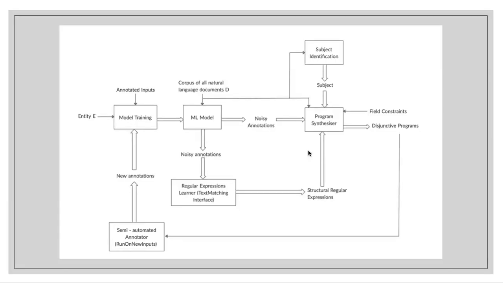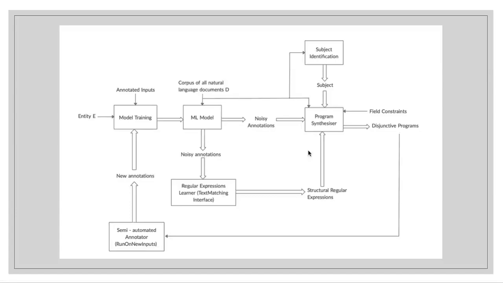Along with the outputs of the ML model, these regular expressions and the subject, there can also be certain field constraints that can be mentioned by the user itself if there are specific constraints on these output values. And the program synthesizer then generates a set of these disjunctive programs using a technique of clustering, which I will talk about later.